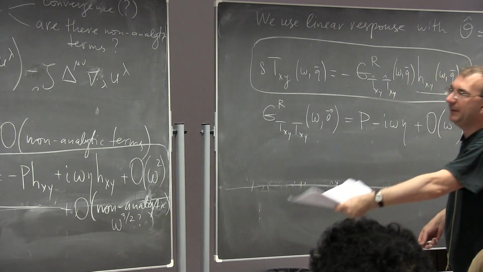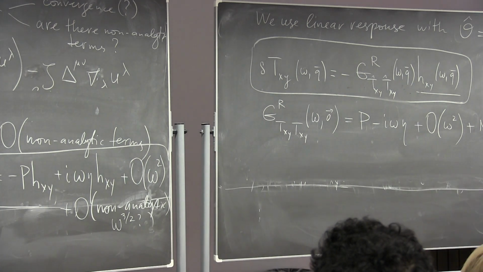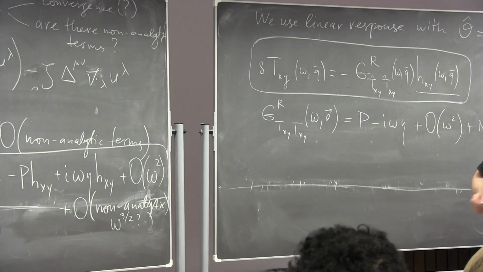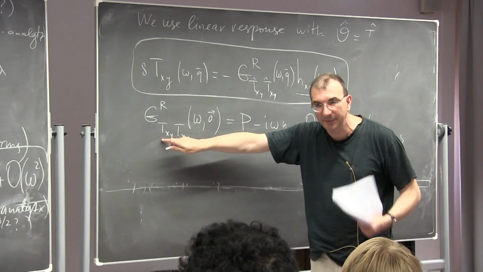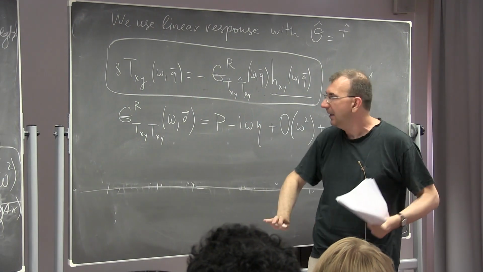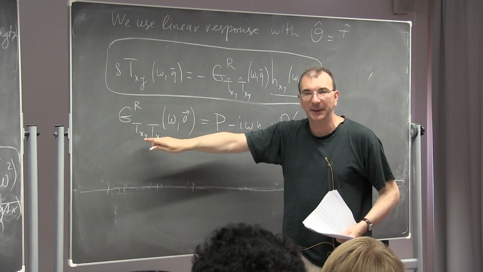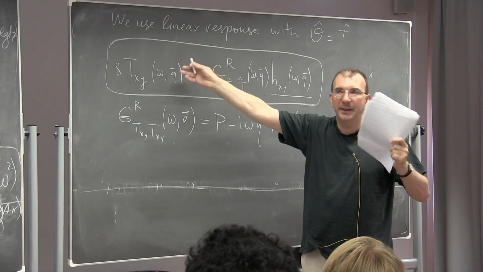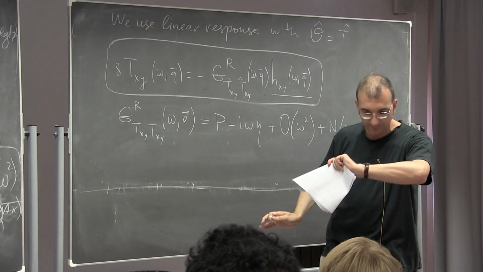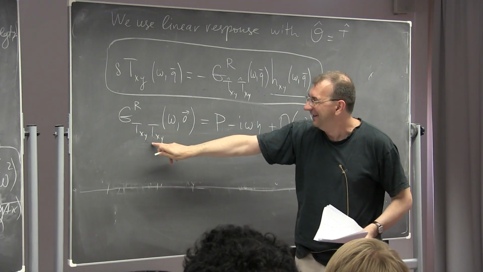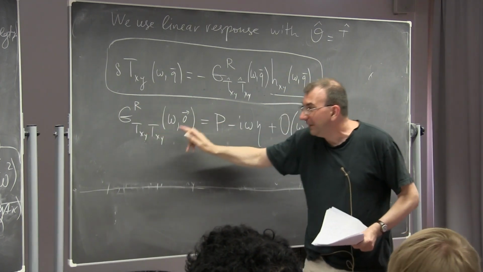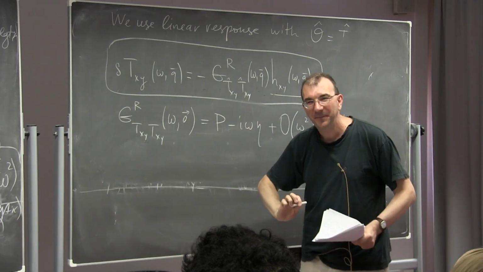So if hydro is true for this particular quantum field theory, then it must be that if by some means I can compute my G retarded in this theory, say I take my lambda phi to the fourth or QCD or something else, and I manage to compute G retarded by, God knows, some perturbative expansion or some non-perturbative tools, by holography, as we'll do, hopefully, then I know this expansion for all omegas and all q's.